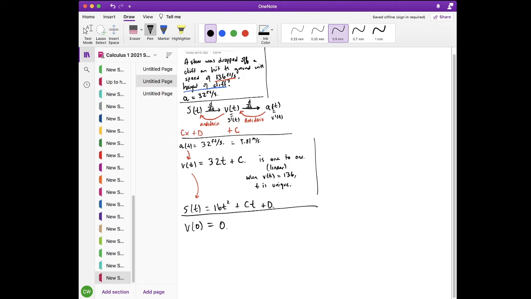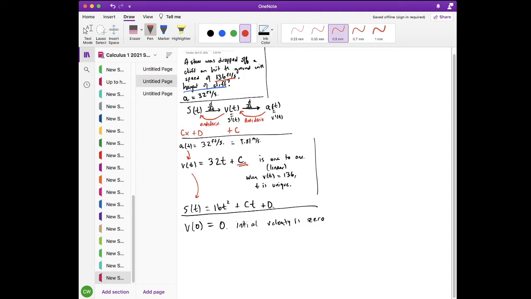It's not thrown off a cliff. So there's no initial velocity, right? It wasn't falling before and then continued to fall. The initial velocity is 0. So we can use that fact to solve for c.